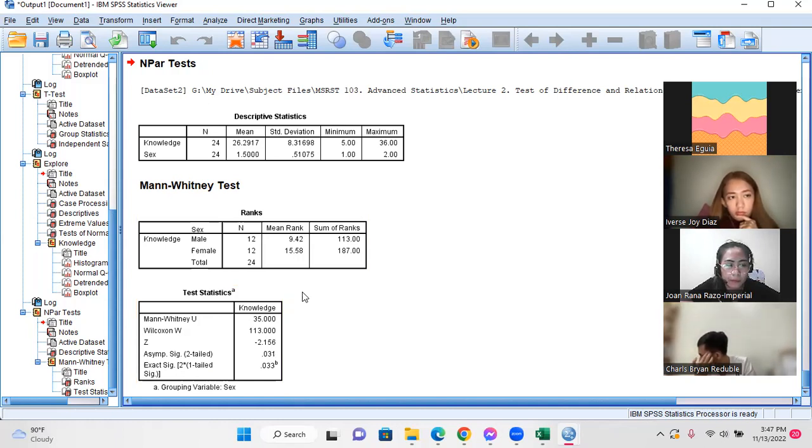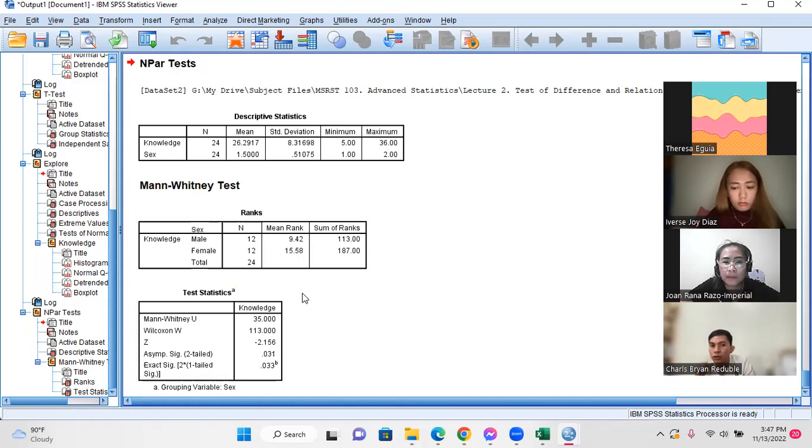So ganito kayo sa exercise natin next week. I will give you a question and then you will create a statement of the problem. And then, ano bang sample statement of the problem nito?